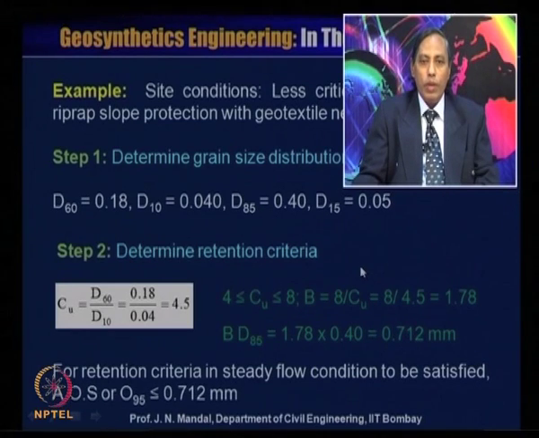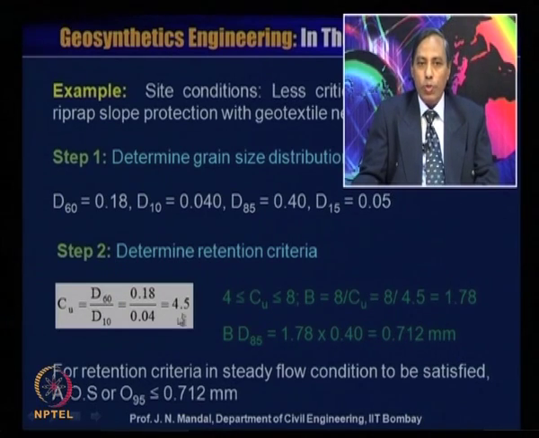Step 2, you have to calculate the retention criteria. You can calculate Cu, that is D60 by D10. D60 is 0.18 and D10 is 0.04, so Cu is equal to 4.5. From the criteria, if Cu is greater than 4 and less than 8, then B will be 8 by Cu.